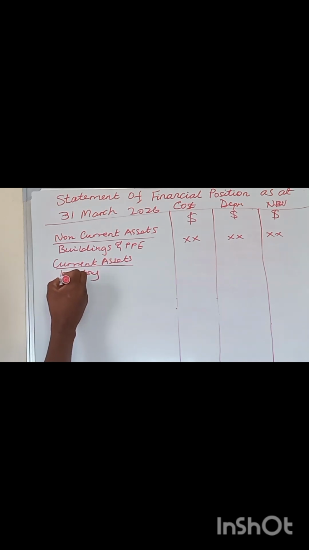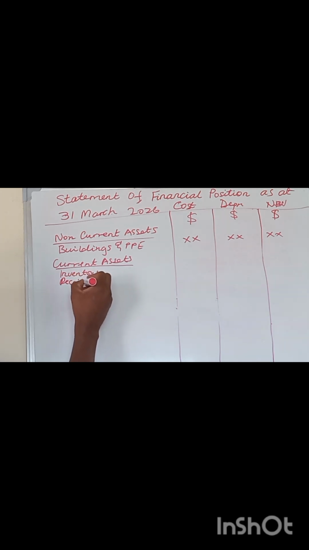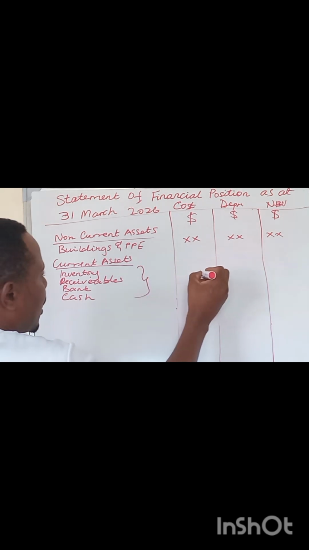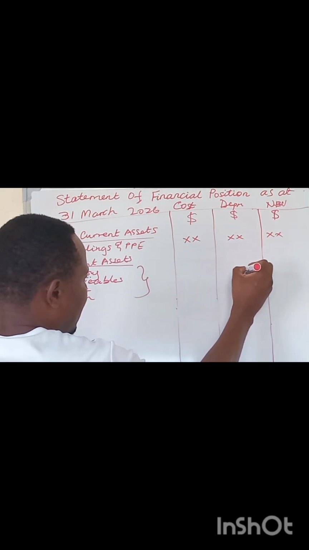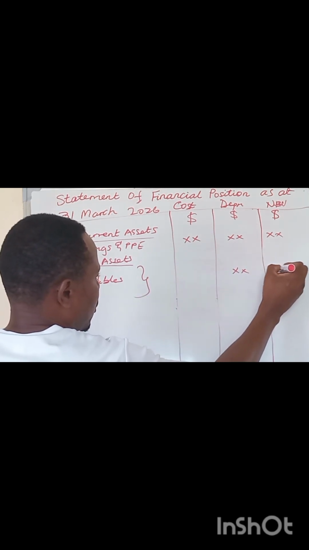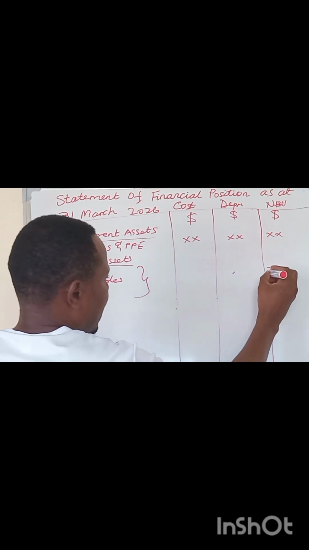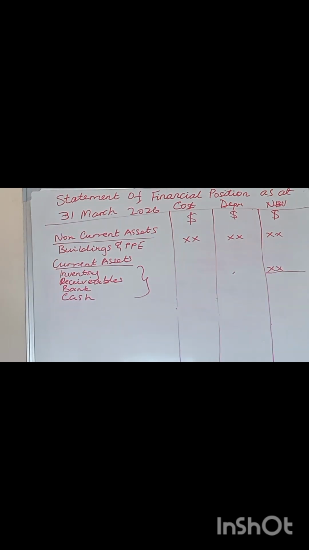We also have our receivables, which are our debtors. Receivables. We have bank. We have cash. They do not depreciate. They fall under the current assets column.